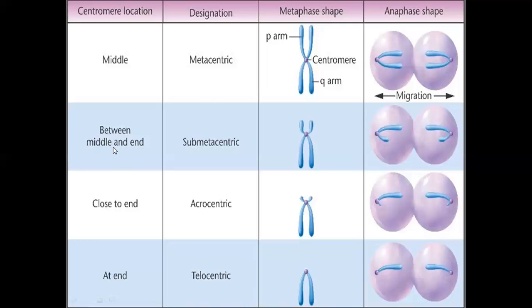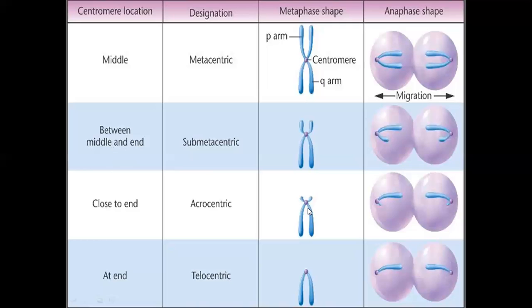In acrocentric, or you can also call this subtelocentric or subterminal centromere, the centromere is situated almost near one end or close to an end of the chromosome.